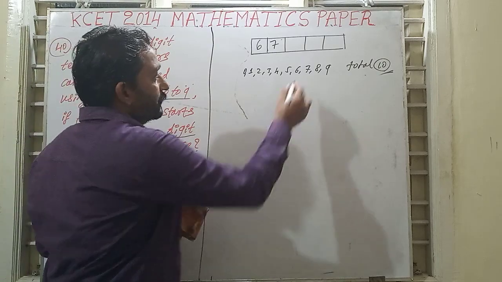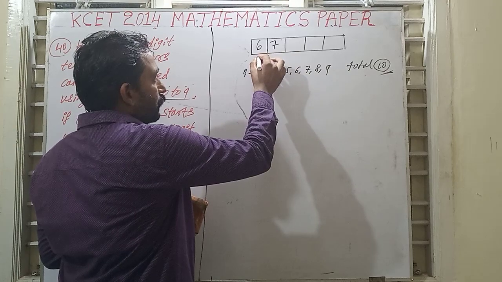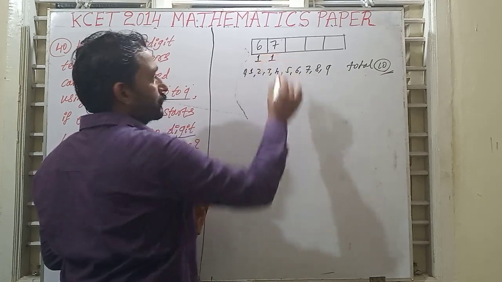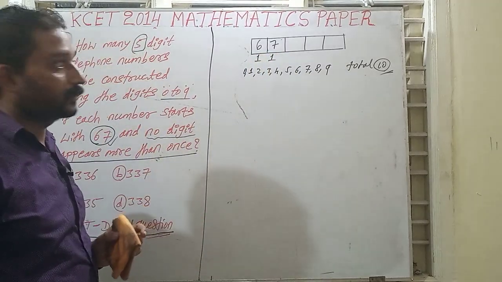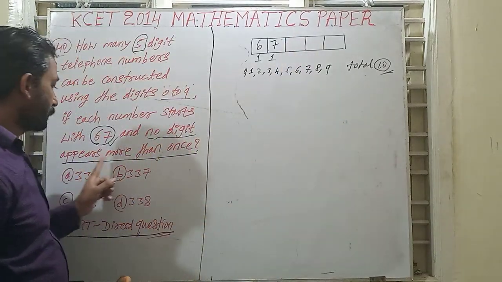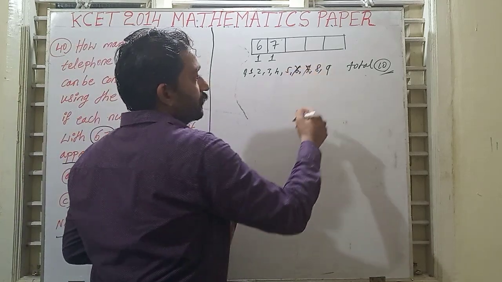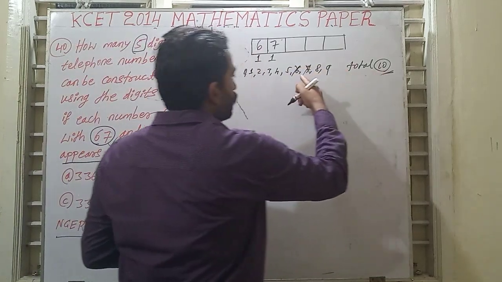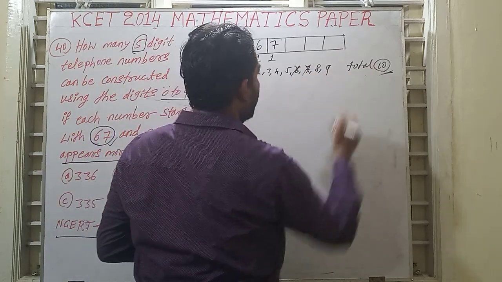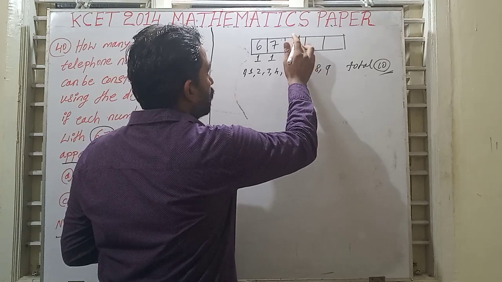In this case 6 is already filled and 7 is already filled, in one way only, as fixed elements. The next box is filled with the remaining elements, because no digit appears more than once. Total 10, remove 2, remaining 8. So 8 numbers can fill box 3.